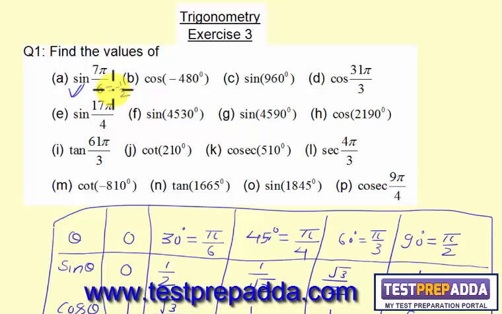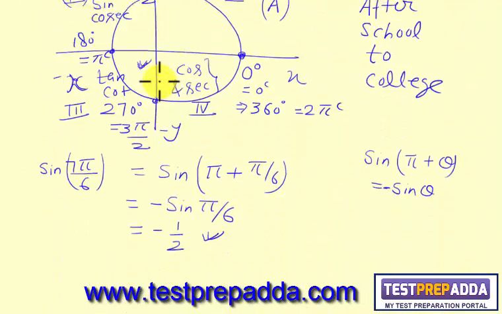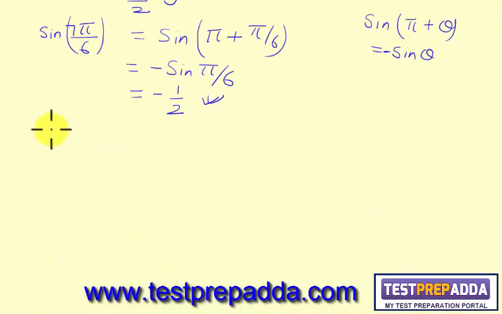Got it? Now I'll take the second question. What is the second question? Cos minus 480 degree. We have to find the value of this.